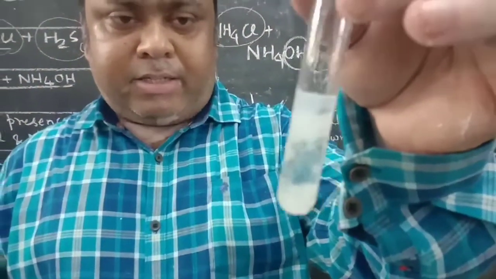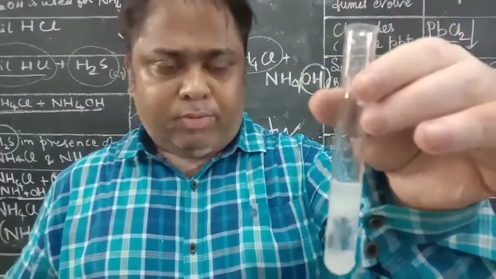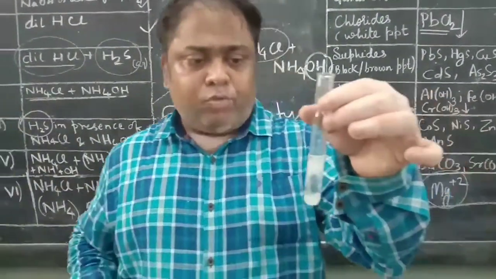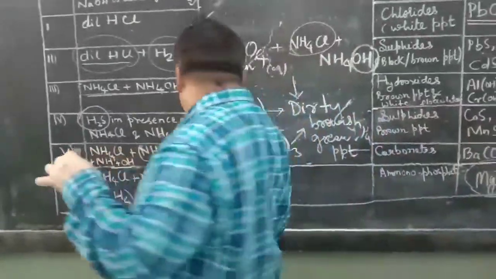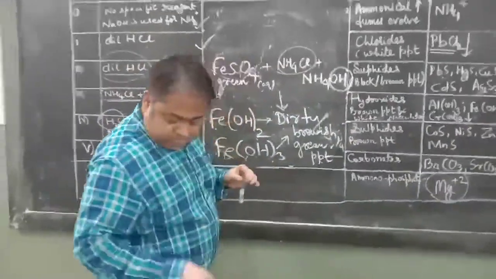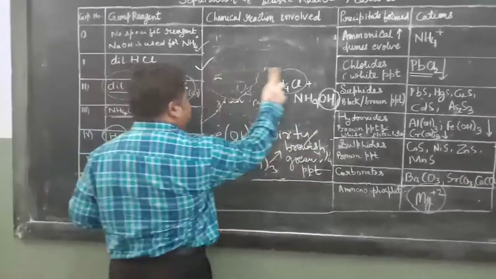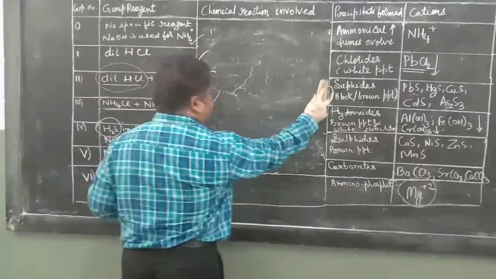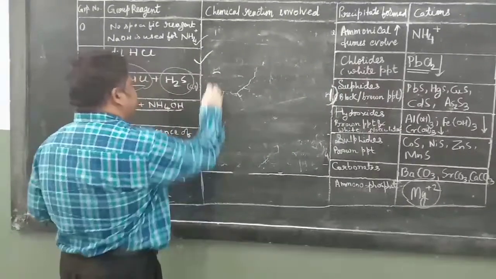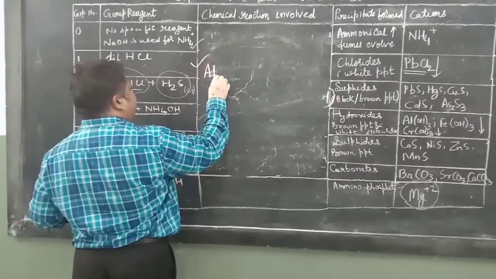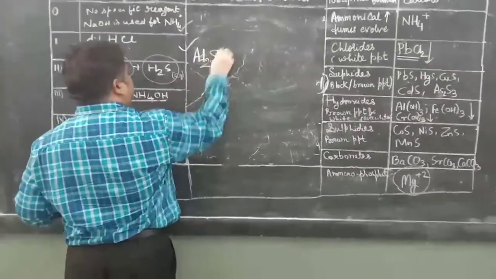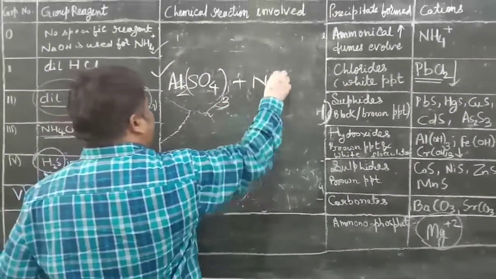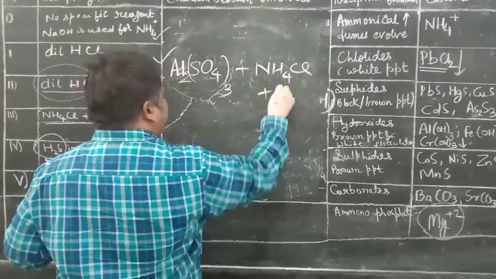This flocculate is a gel. This gel is formed due to formation of aluminum hydroxide. So I have taken aluminum sulfate, and to this I have put ammonium chloride plus ammonium hydroxide.